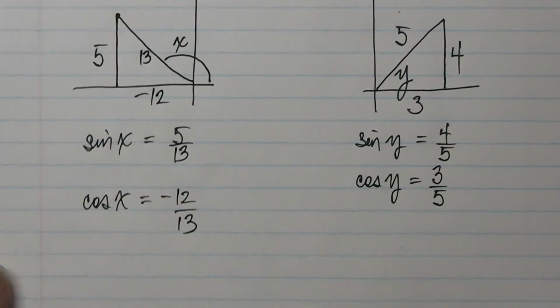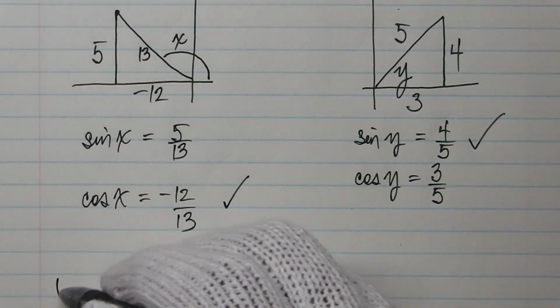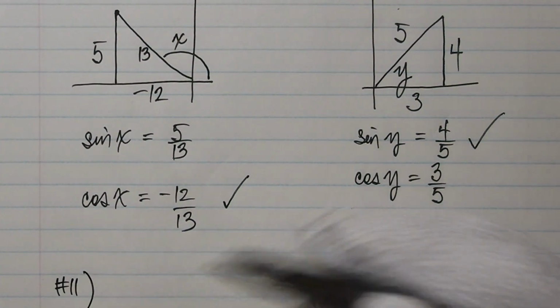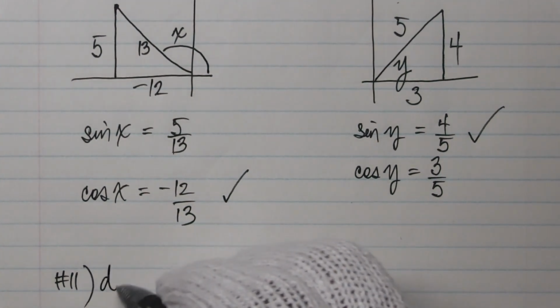So the question asked you to find exact values for sine y and cosine x. Why? Because in question number 11, and I did sine last time, so I'm going to do cosine this time.